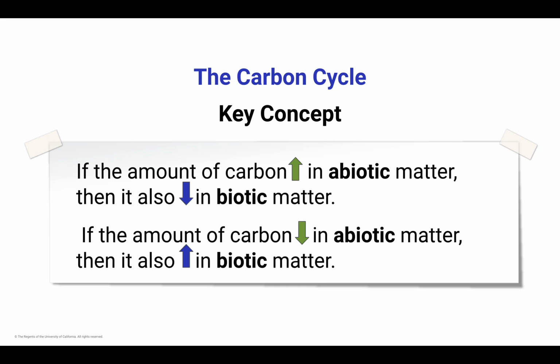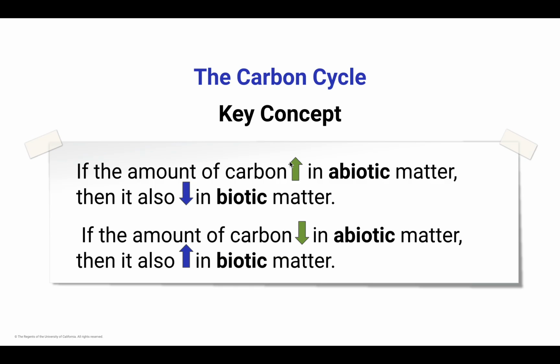So if the amount of carbon in abiotic matter increases, then the carbon will decrease in biotic matter. And just the opposite, if the amount of carbon decreases in abiotic matter, then it's going to increase in the biotic matter. And tomorrow we're going to play a game with these tokens, and you'll totally get it. It'll be a kinesthetic way for you to model the carbon cycle.